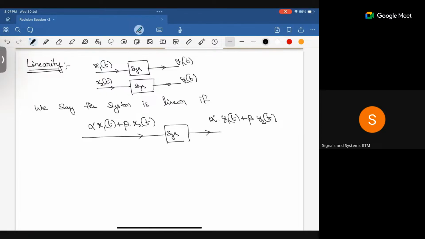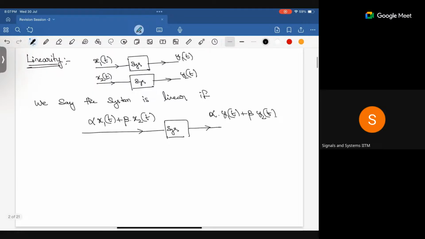If that happens, then the system is linear. If not, then it is not linear.